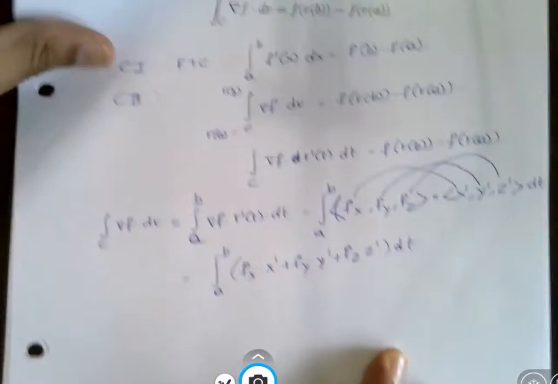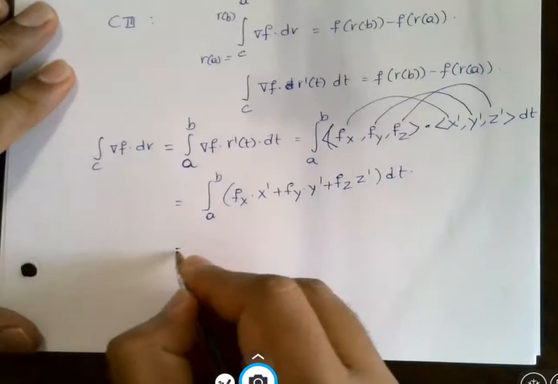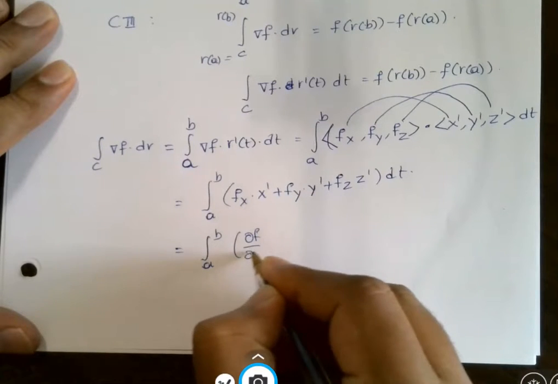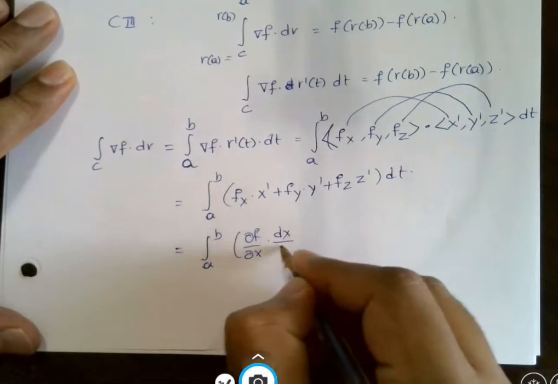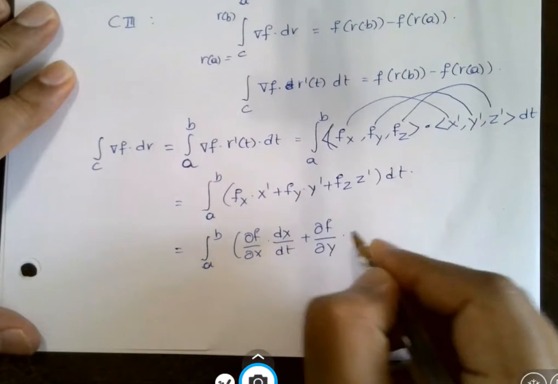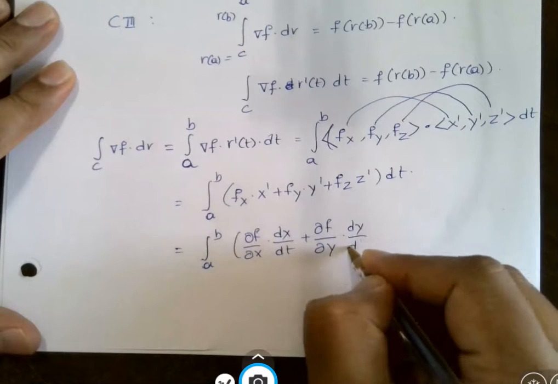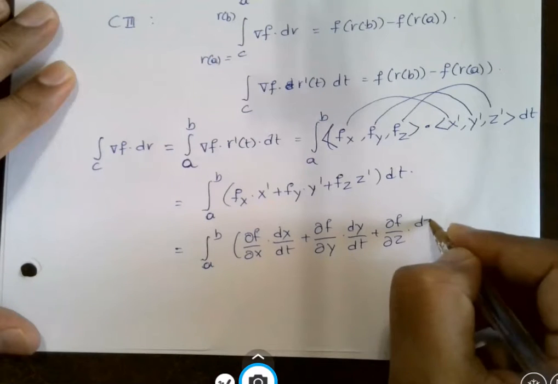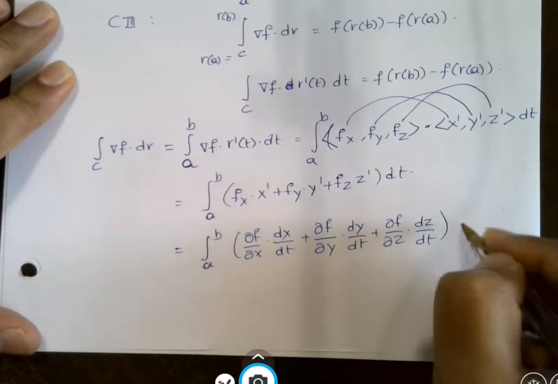Then upon rewriting you get the integral from a to b of partial f partial x times dx/dt plus partial f partial y dy/dt plus partial f partial z dz/dt, dt.